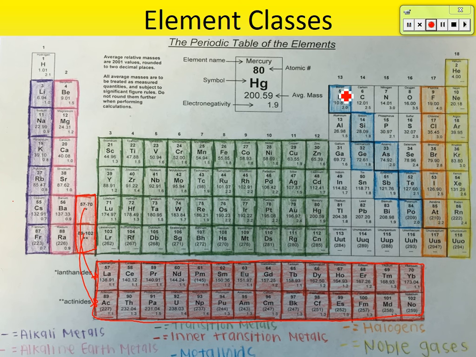We're just going to make a generalization saying if it's touching it, it's a metalloid. But for this periodic table, it does get pretty specific, and it tells you exactly which ones are the metalloids. So make a key for them. So how many different colors do we need? There's 7 different colors. Okay? So get your periodic table and color it like this. I'm going to hit pause until we're done, and then I'll have a few questions for you.